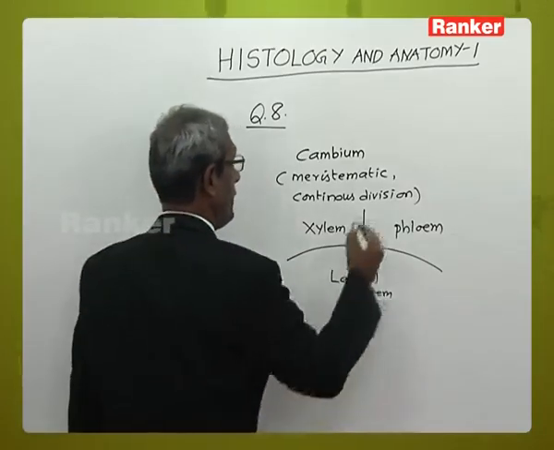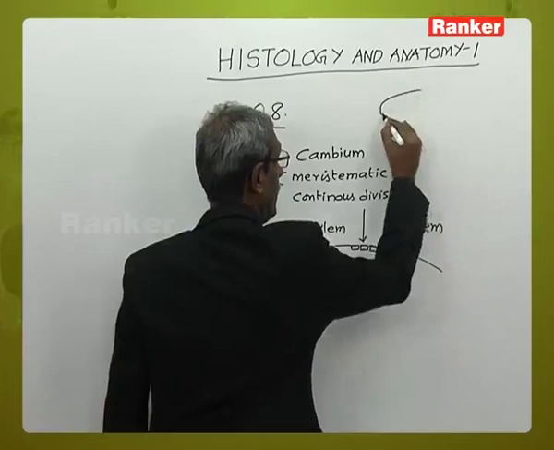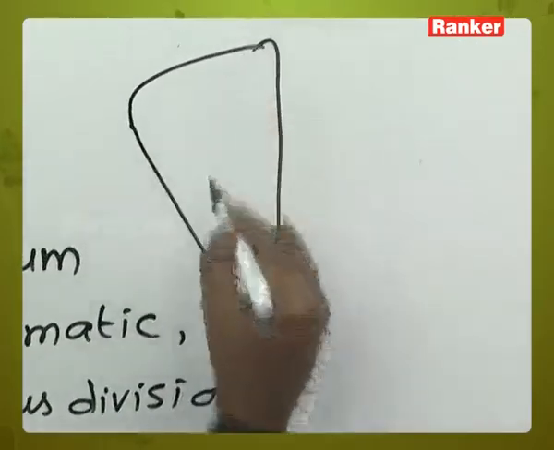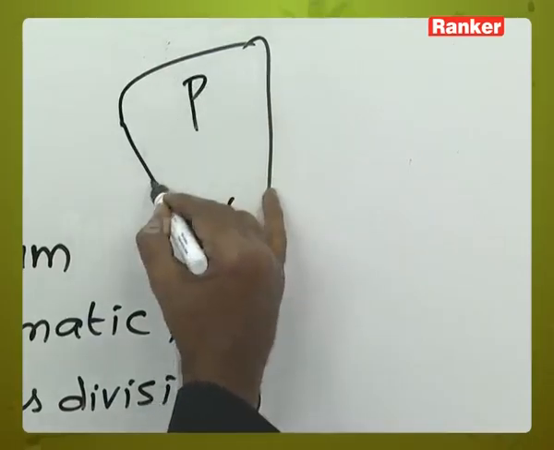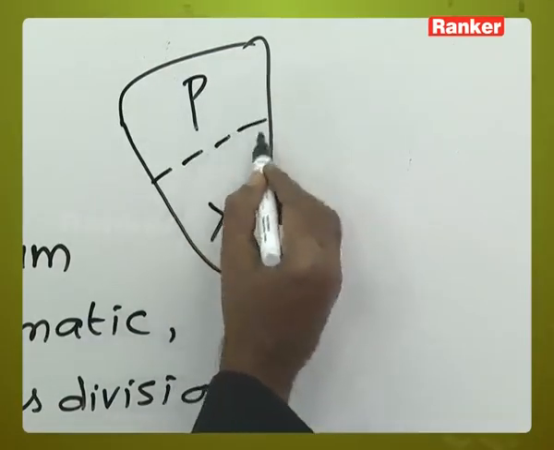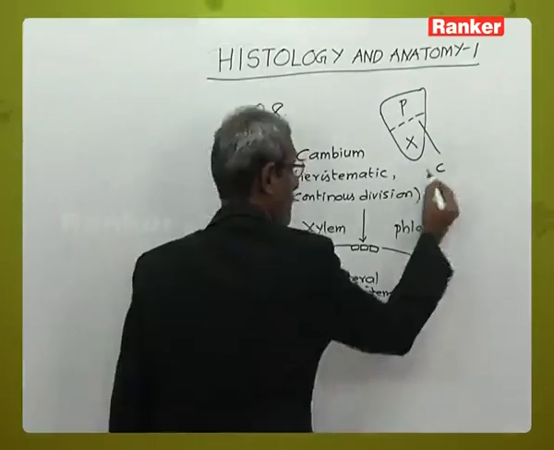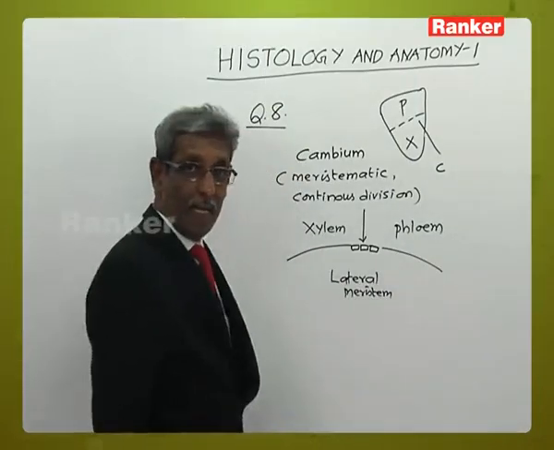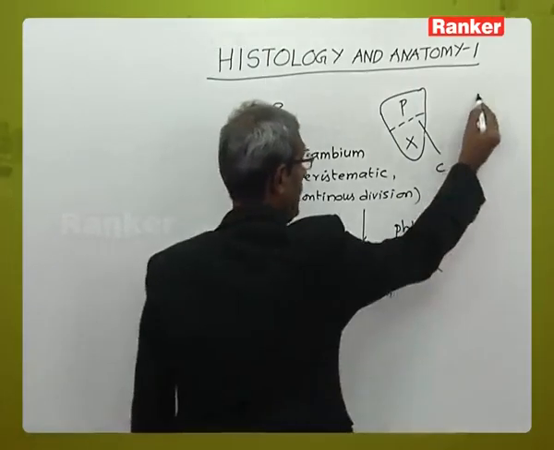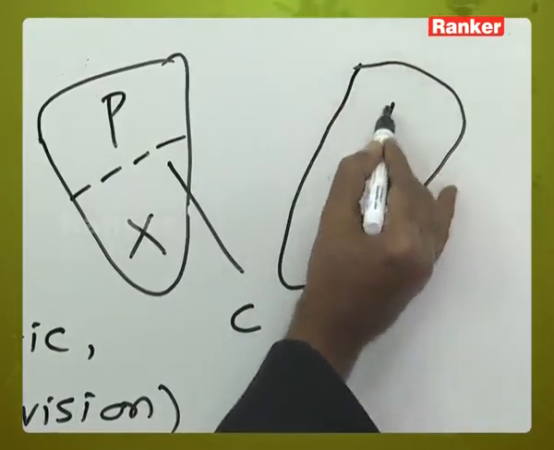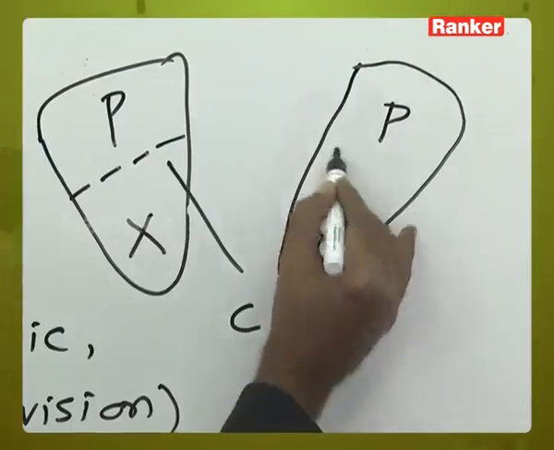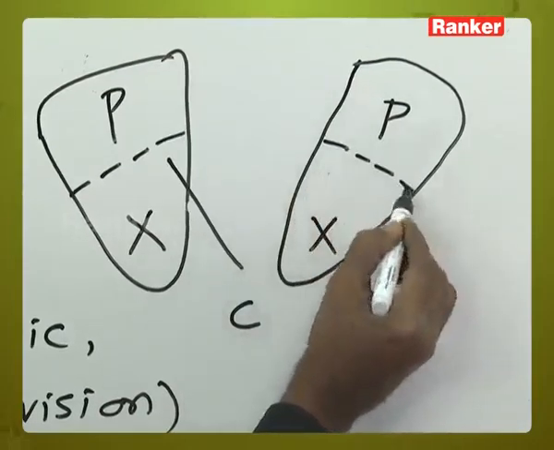So, when you take the cambium, if this is a vascular bundle made up of the xylem and the phloem, we have a strip called the cambium. And again, if you have another vascular bundle made up of the phloem and the xylem, we have the cambium getting continued here.